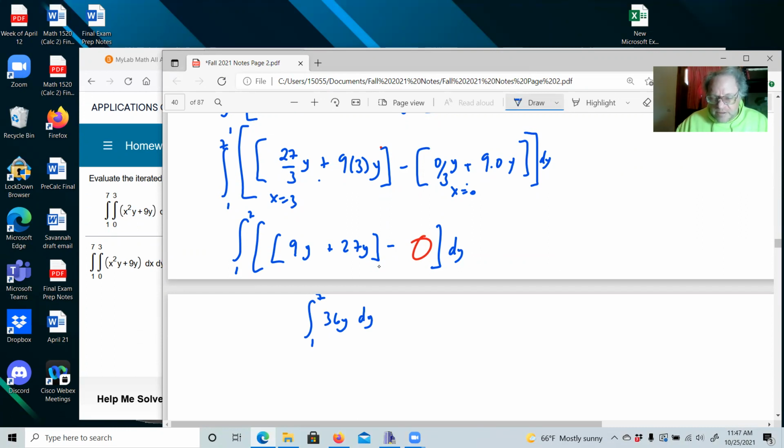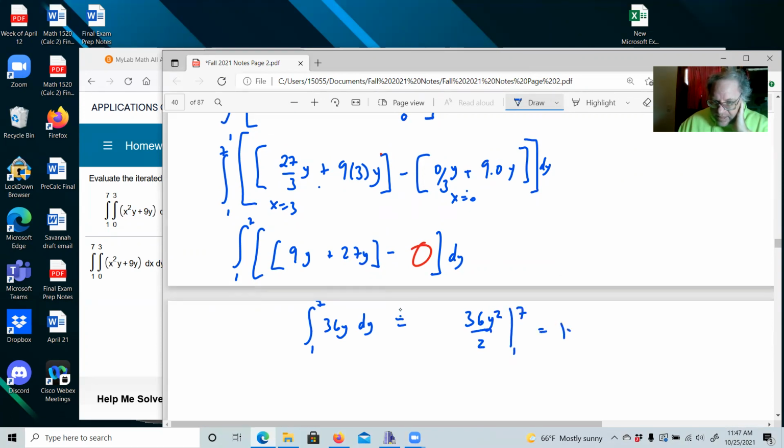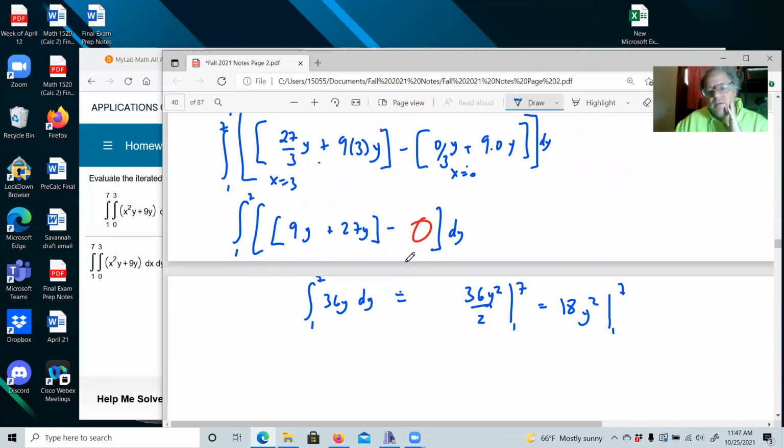Okay, so if you can combine terms like that, you should probably do so. So this is equal to 36y squared over 2 from 1 to 7. So this is 18y squared, from 1 to 7. All right.